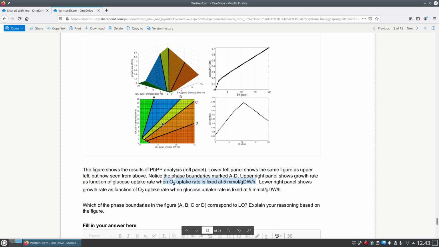And that is, if we look here at 5, 5 to 10, that's this point here, which roughly corresponds to this summit. And this downward curve then corresponds to the segment of this line here of constant glucose uptake equals 5. That's in the blue phase, and that corresponds to a negative shadow price for oxygen, because this here is negative.